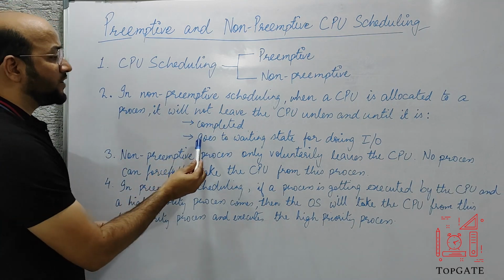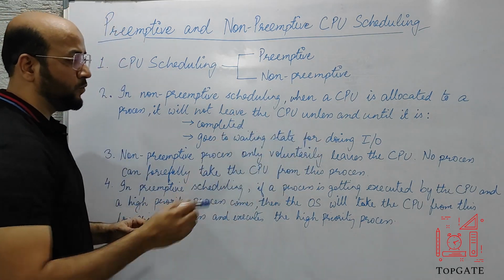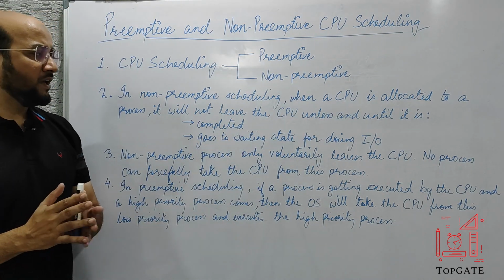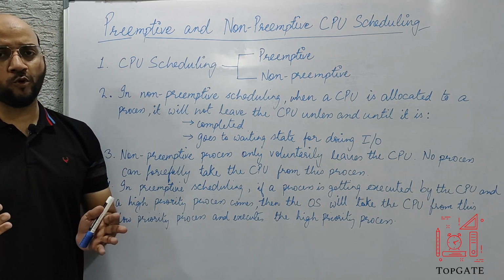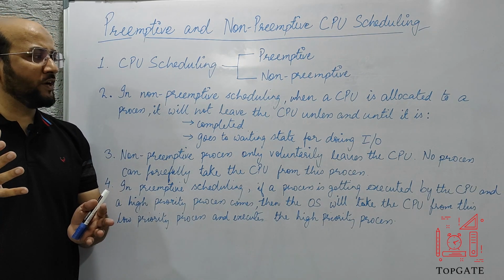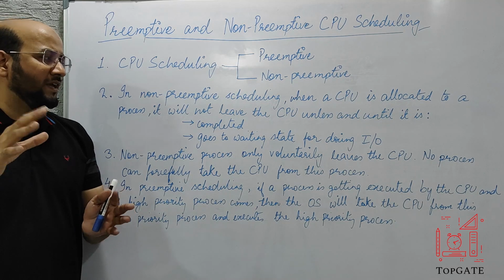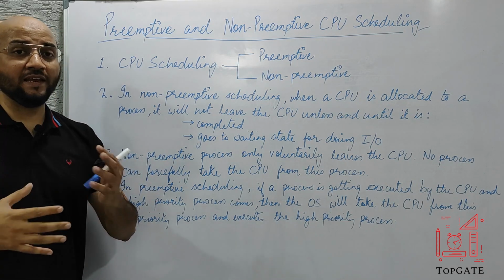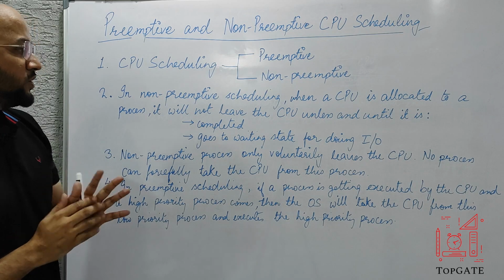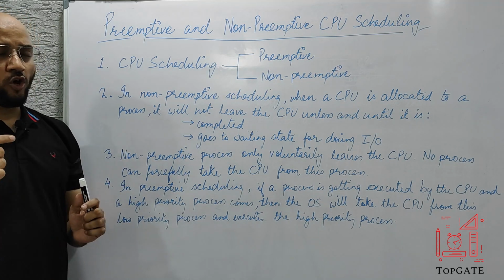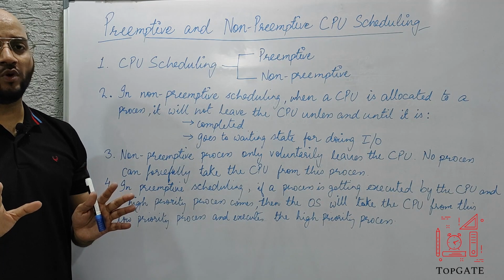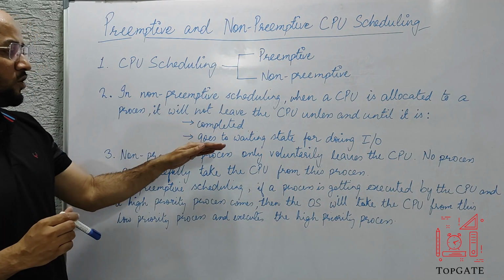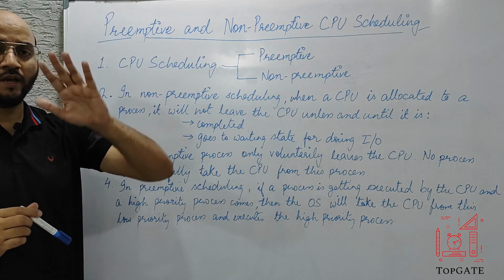Second case, it goes to the waiting state for doing input output. Suppose this process desperately needs some input output devices, so it cannot do its work on the CPU. So it is the process that is willingly leaving the CPU. Clear? So we can say that in non-preemptive scheduling, the process will never leave the CPU unless and until it is completed or it is going to the waiting state for doing input output.